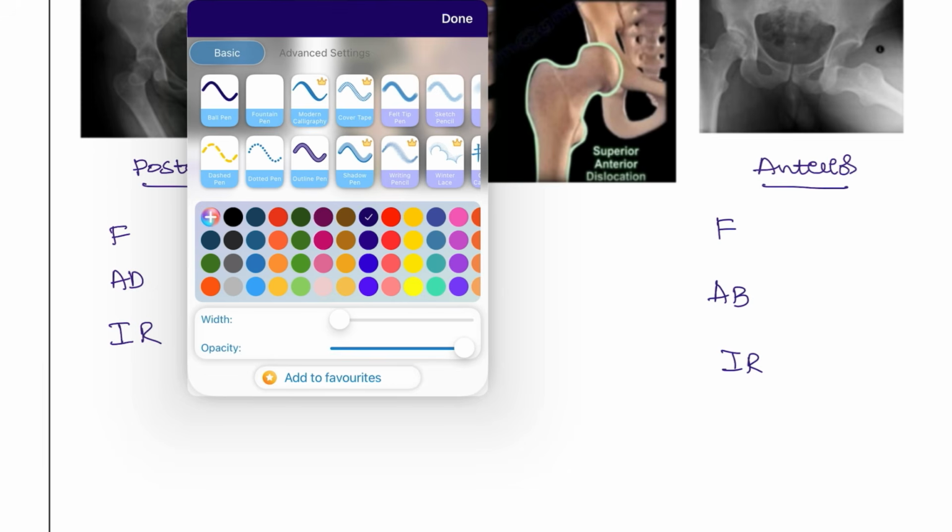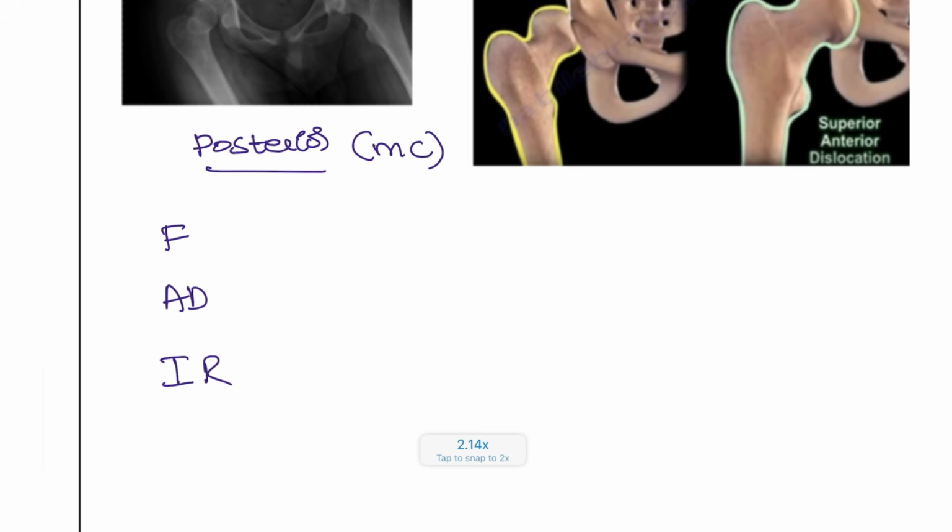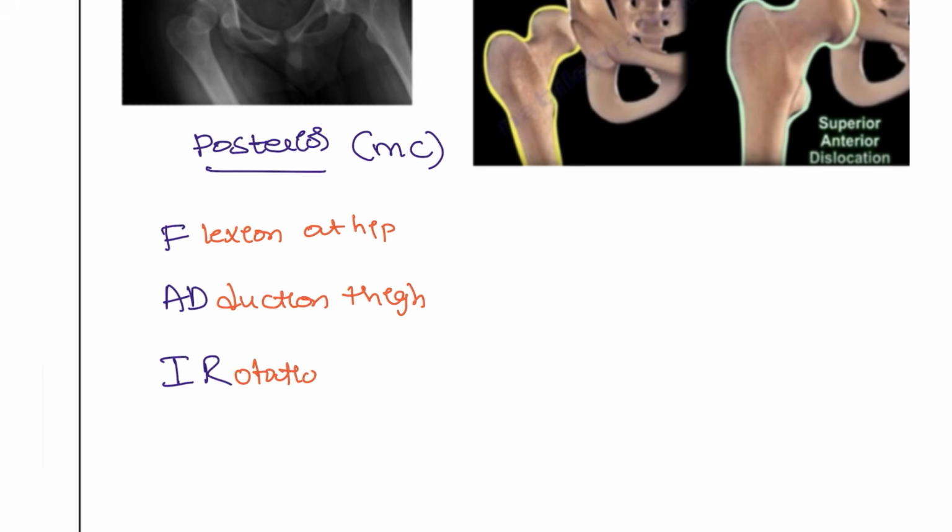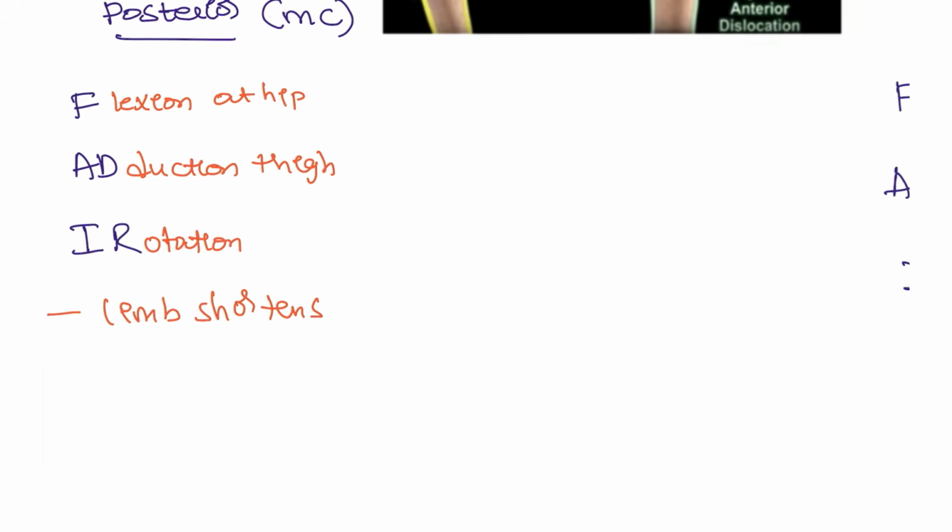So FADIR means flexion: you are going to see flexion at the hip, AD is adduction of the thigh, and internal rotation, and the limb will be shortened. That is the posterior dislocation.